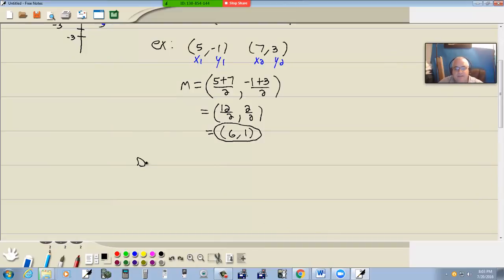Now we also have the distance formula. Given those 2 points still, your distance is equal to the square root of (y2 minus y1) squared plus (x2 minus x1) squared.